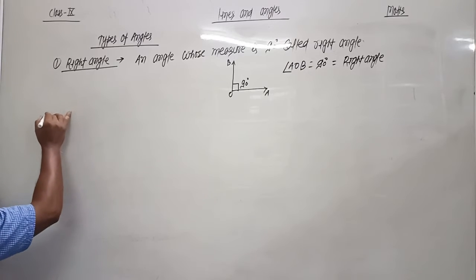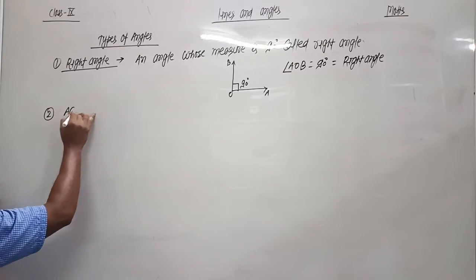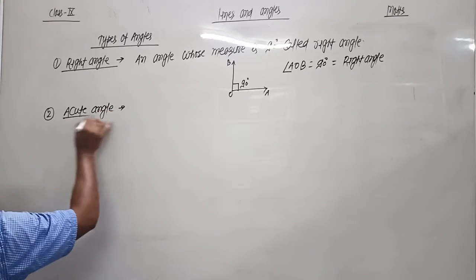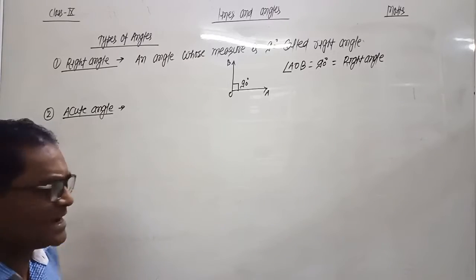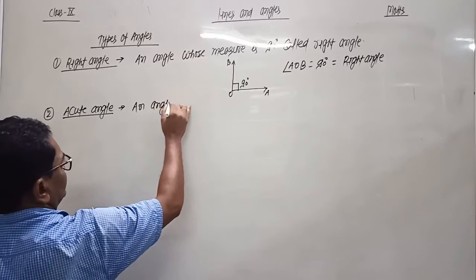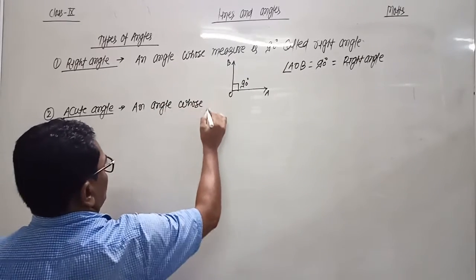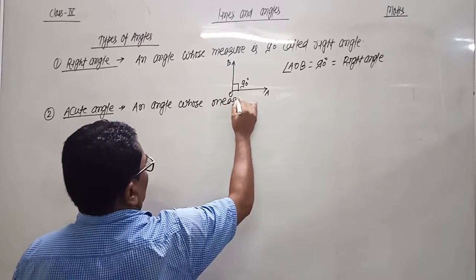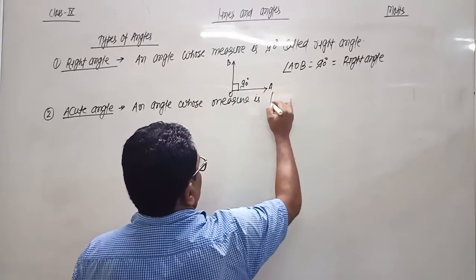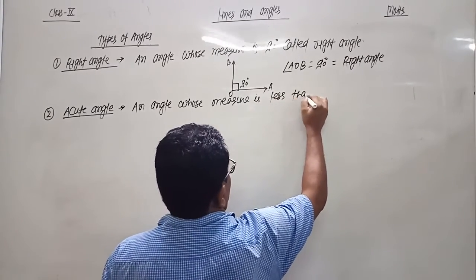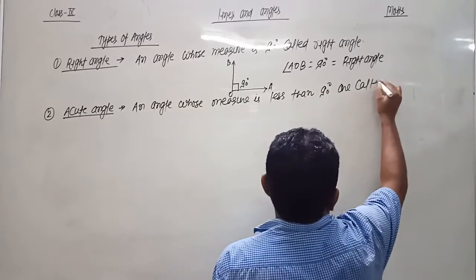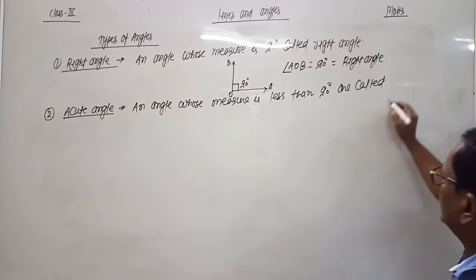Next is the acute angle. An angle whose measure is less than 90 degrees is called an acute angle.